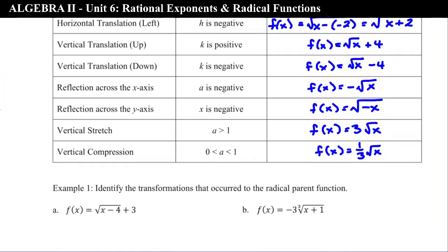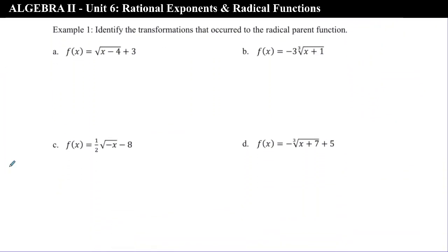So let's do a few examples of transformations. Let's identify the transformations that are occurring here. So for this one, we're translated to the right 4 units and up 3.